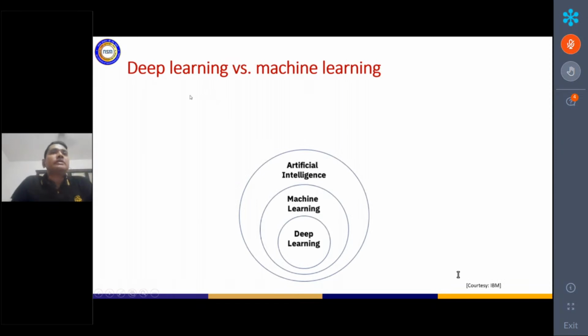As I was mentioning, learning-based approaches to emulate human intelligence in computer programs are very popular nowadays, and they are widely named deep learning and machine learning. Of course, we will use them interchangeably, and it is important to understand the nuances between them.